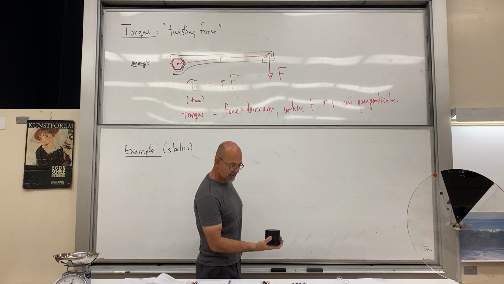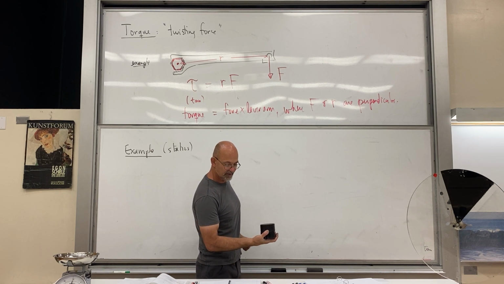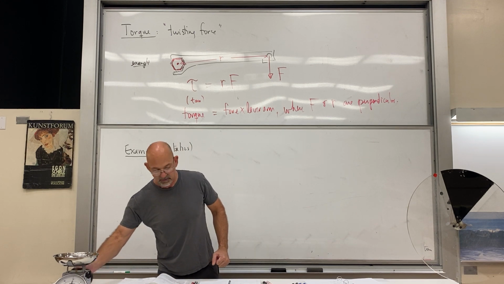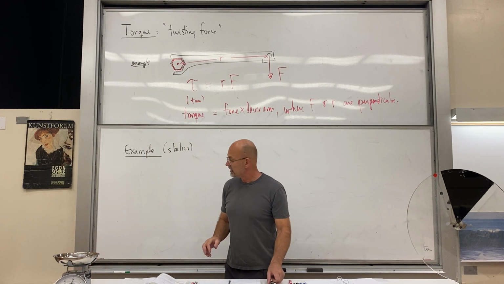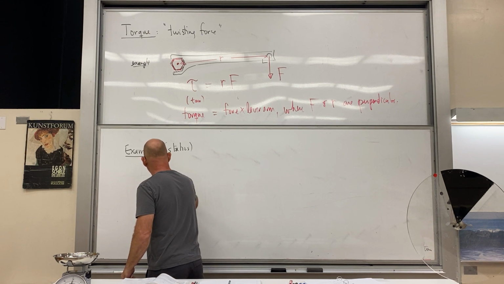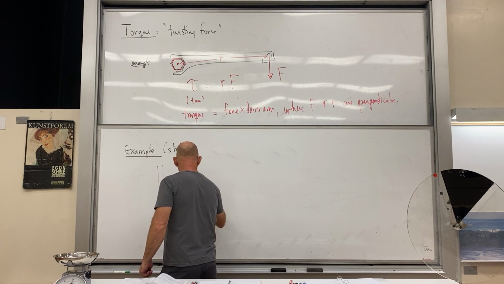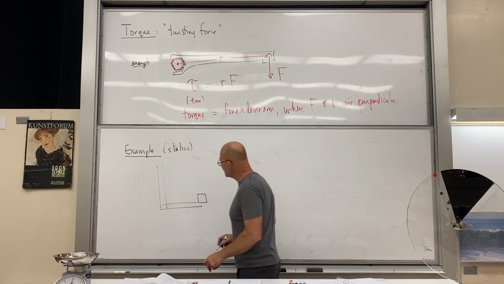Okay, that's what I'm going to draw on the board. I've got some masses here, and we have to ask ourselves, where are the axes and what's holding what up? Okay, so let's draw this. Very simple example. So here's the arm. There's the forearm, there's the hand holding the masses.